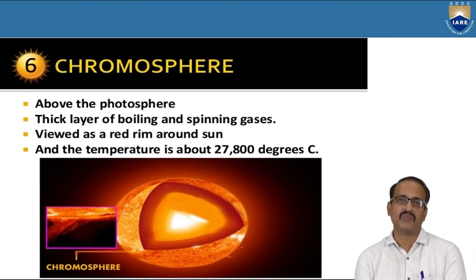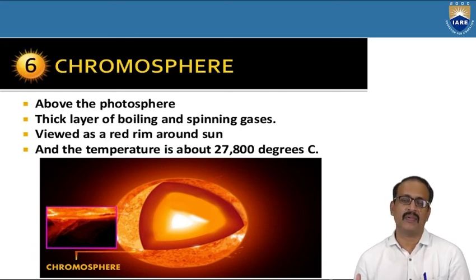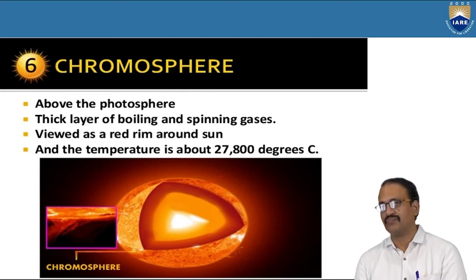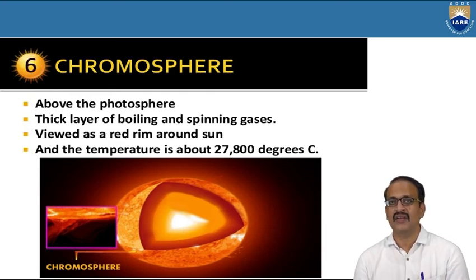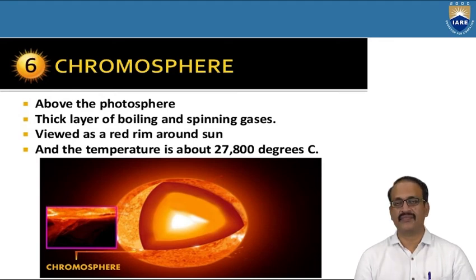So above the photosphere, a thick layer of boiling and spinning gases. You can imagine the gases spinning. It is viewed as a red rim, and the temperature is 27,800 degrees centigrade.